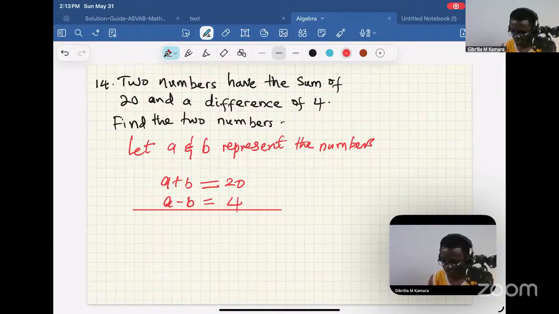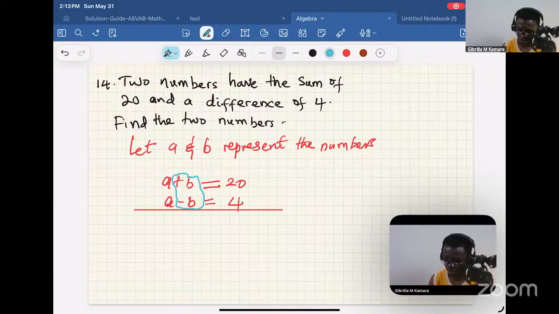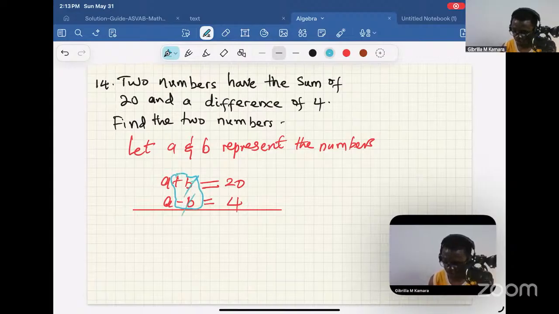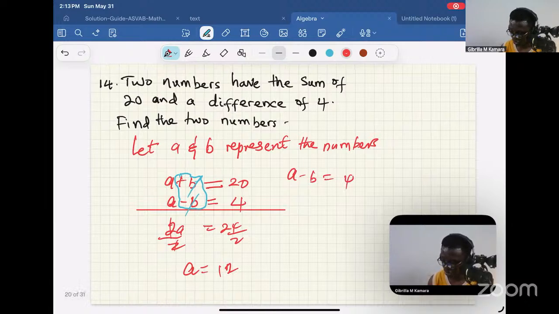So this is what you should do. You apply elimination. Look at this again. The coefficients are the same and the signs are different. So you cancel them. You are left with 2A equals 24. Divide by 2, divide by 2. This and this goes, so my A is equal to 12. Right? So you use one of these equations, A minus B equals 4. So your A is 12 already, minus B is equal to 4.